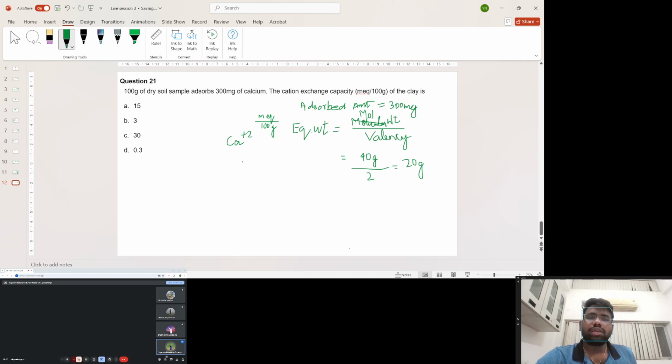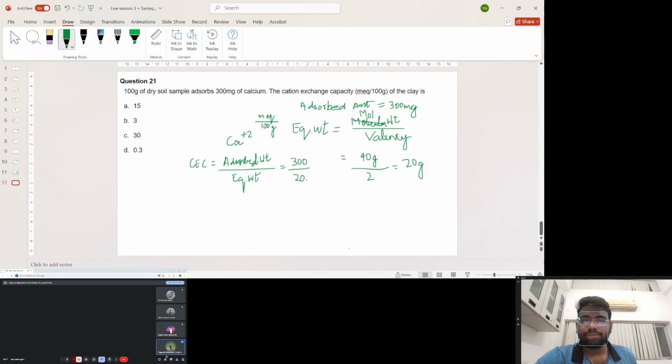Now, the cation exchange capacity, CEC, is defined by the adsorbed weight by equivalent weight. So you need this in milli equivalents. You can keep this as 300 milligrams itself by 20 grams.